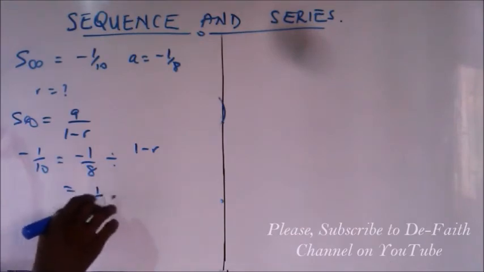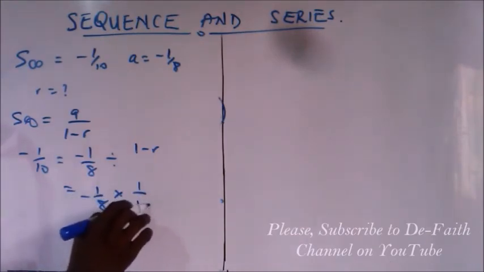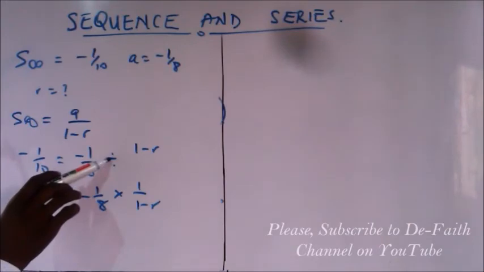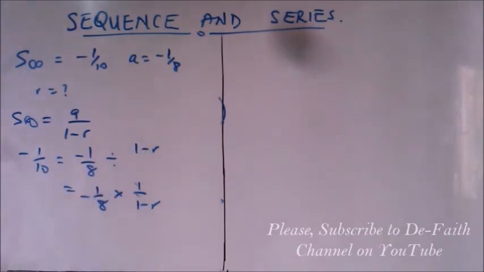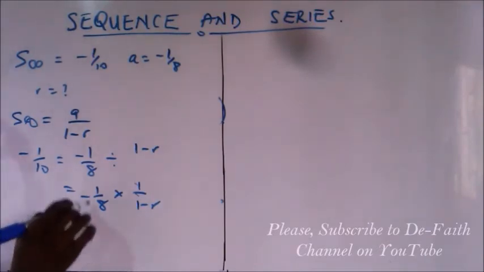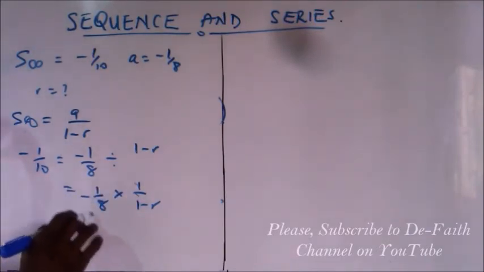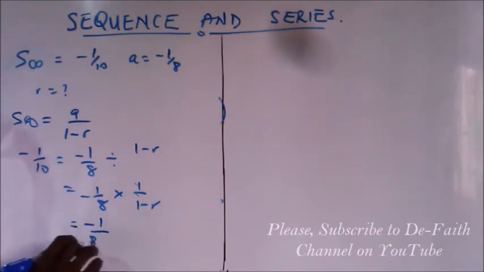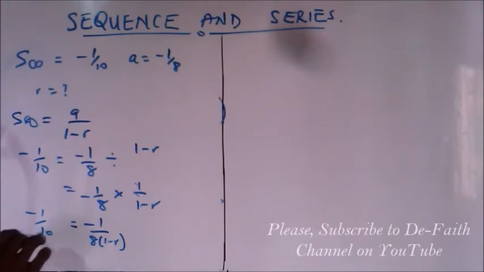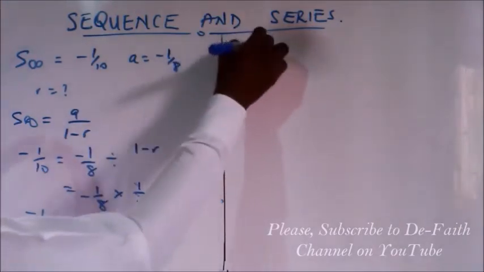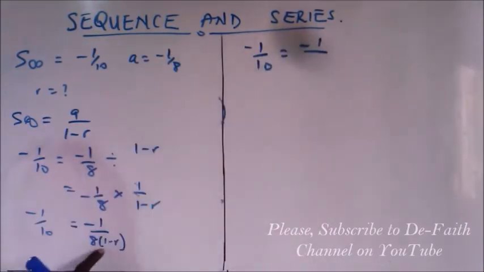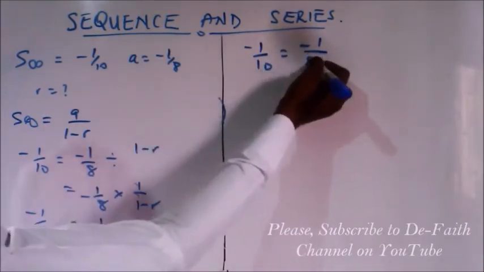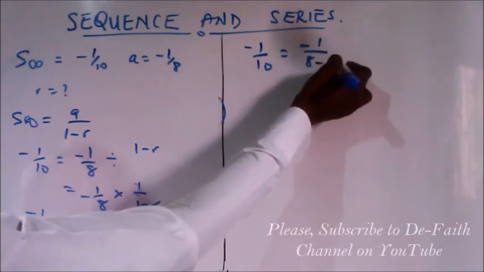I have minus 1 over 8 multiplied by 1 over 1 minus r. The changing of this division to multiplication causes the 1 minus r to move down, and then 1 comes up. Then we have that 1 times 1 is 1, and then minus 1 over 8 multiplies this, that's 1 minus r, equal to minus 1 over 10. First, we have that minus 1 over 10 equal to minus 1 over 8 multiplies 1, that's 8 minus 8r.